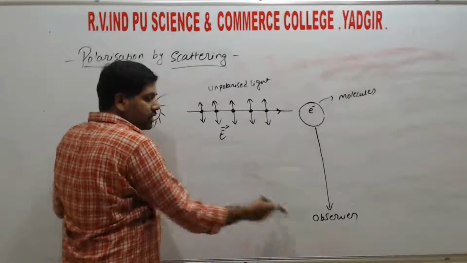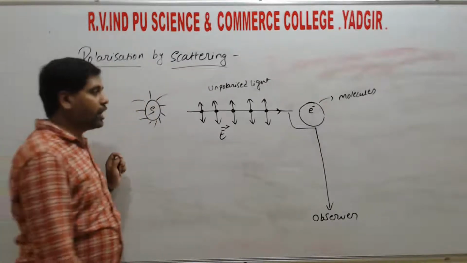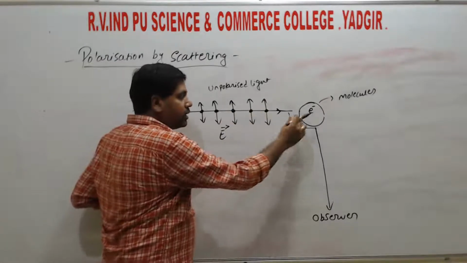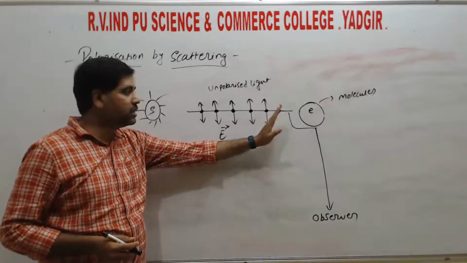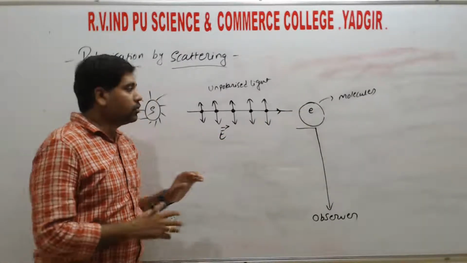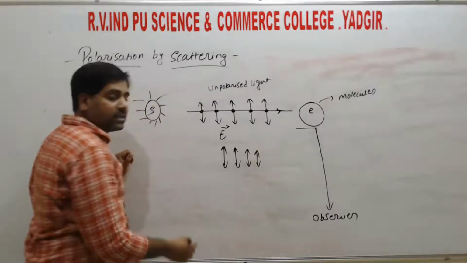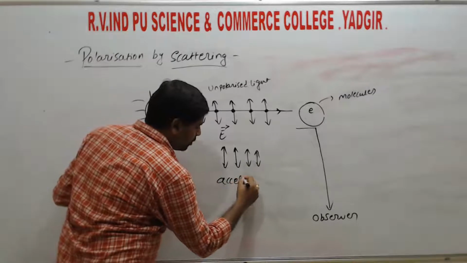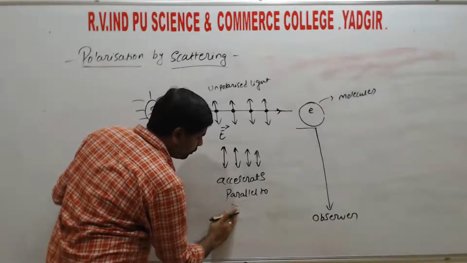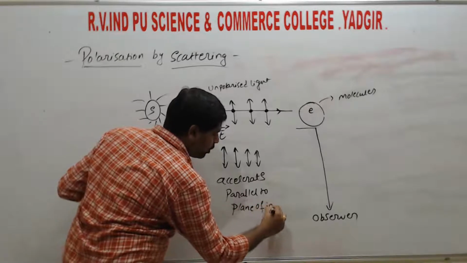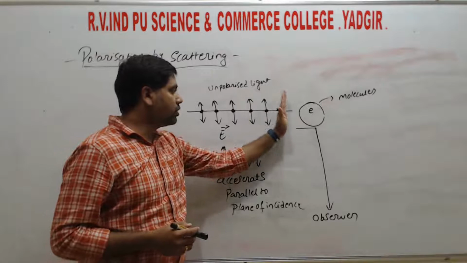If you observe, the sun is at 90 degrees to the observer, that is, perpendicular. The electrons which acquire this electric vector, the components in the direction of incidence, accelerate parallel to the plane of incidence, right? So these are the vibrations which are parallel to the plane of incidence.